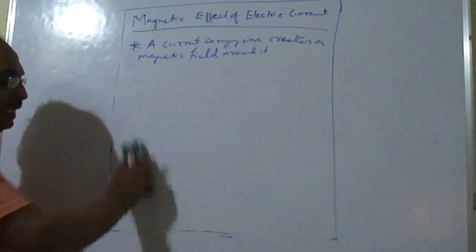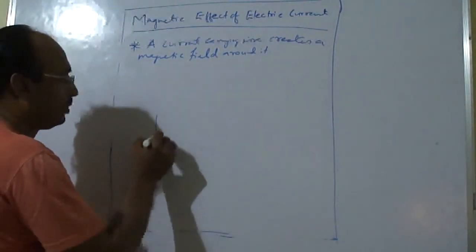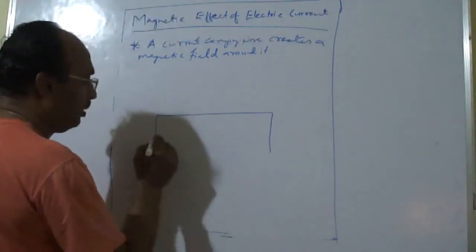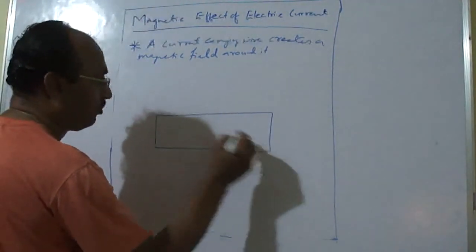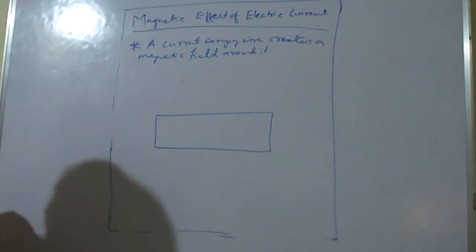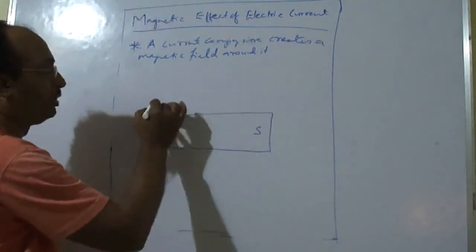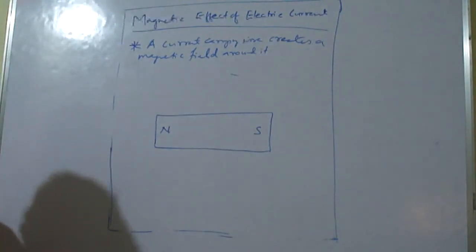You can create magnetic lines of force in two ways. One is by using iron filings and putting them on a piece of paper, so you can create the lines of force surrounding the magnet.